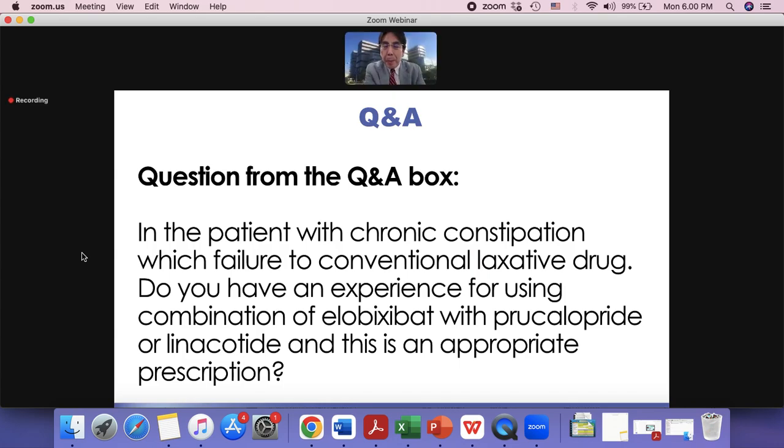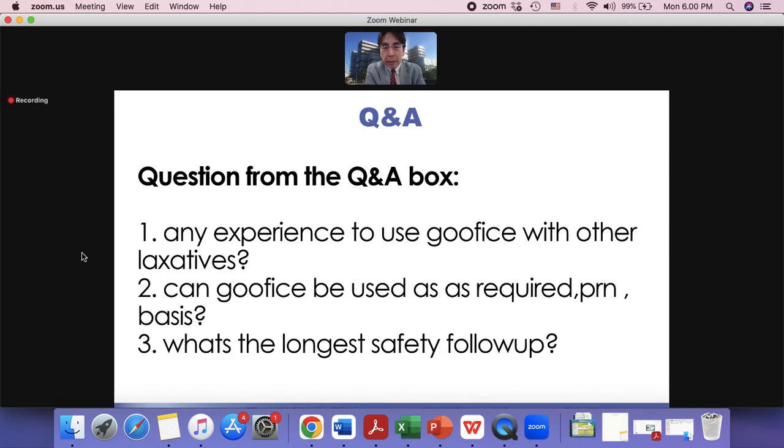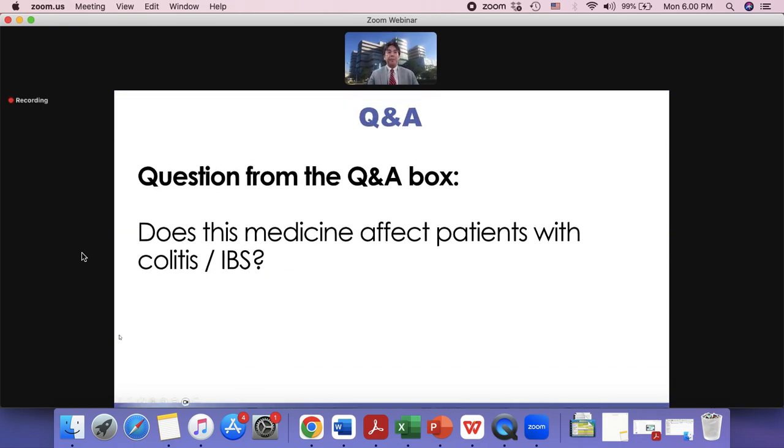For the patient with IBS-C, there are few papers demonstrating that Elobixibat is effective for constipation-dominant IBS, but no paper for colitis. So for patients with colitis, we don't have data. Thank you for your question.